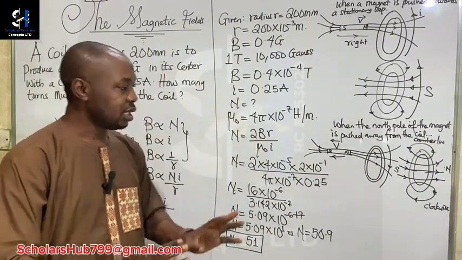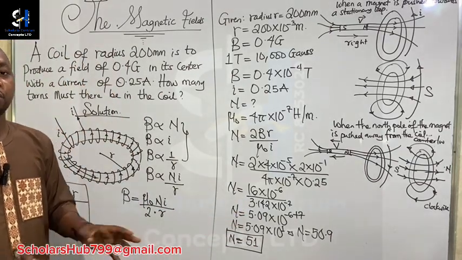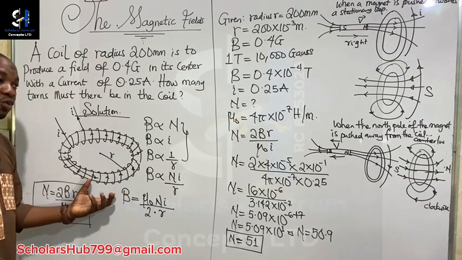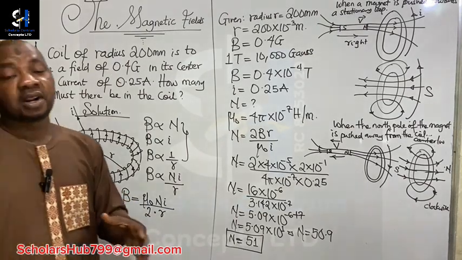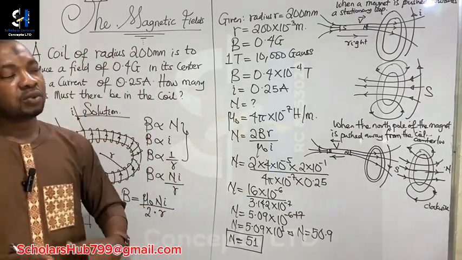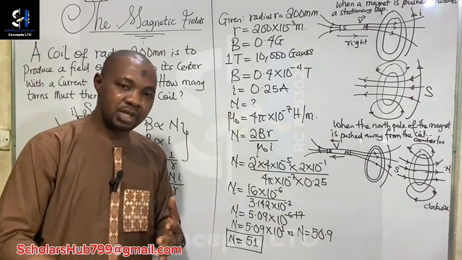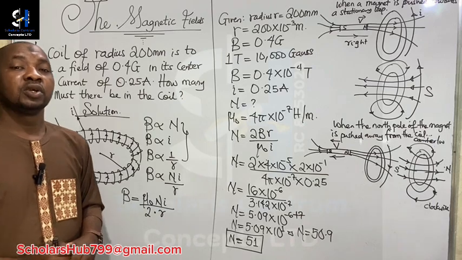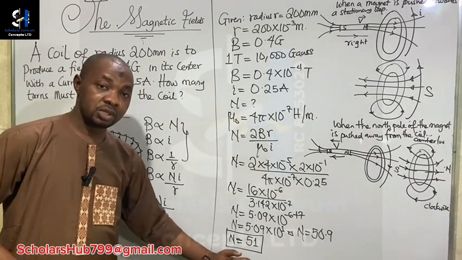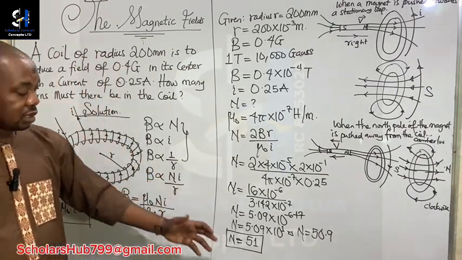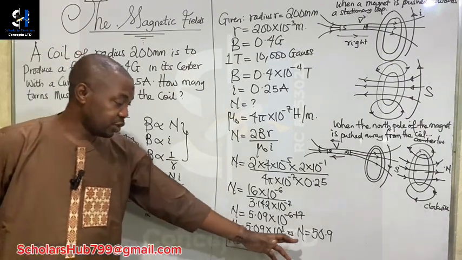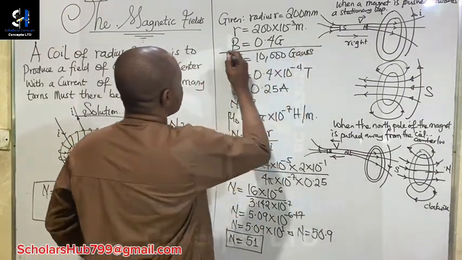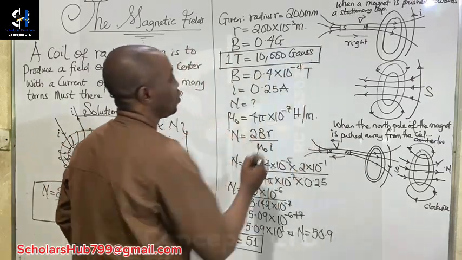And this is one of the ways to explain the magnetic field of a circular coil when it comes to Faraday's experiment. We also have some other laws like Ampere's law, Lenz's law, the Lorentz law, and the rest of them. For the question, we got N equals 51, and that is the number of turns when approximated. Then don't forget that I said 1 Tesla is equal to 10,000 Gauss.